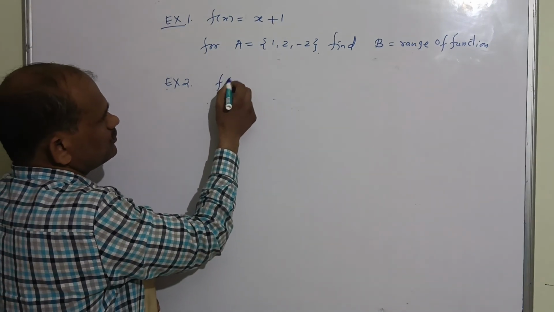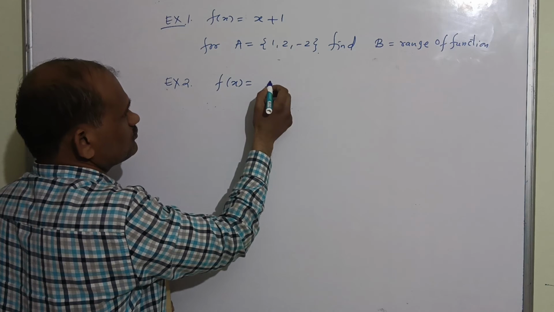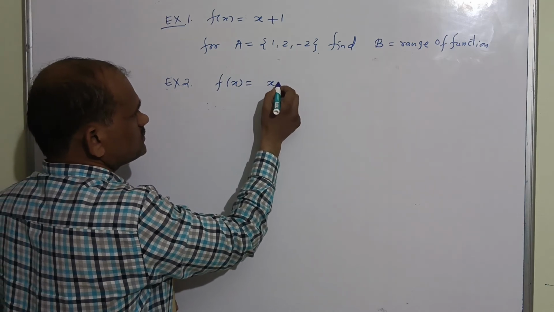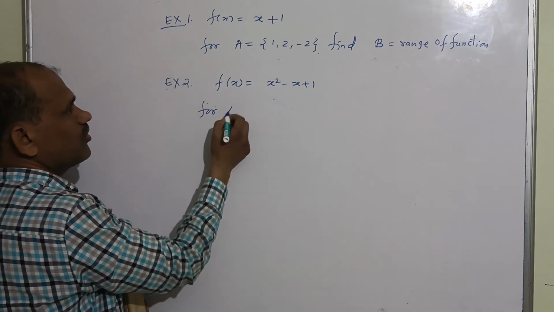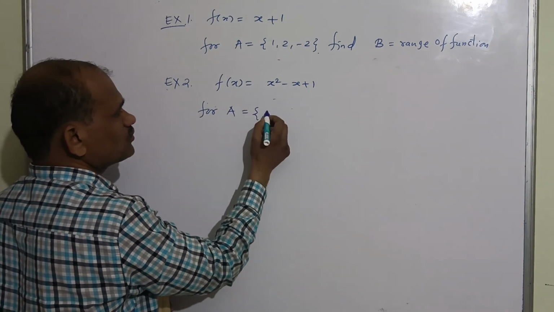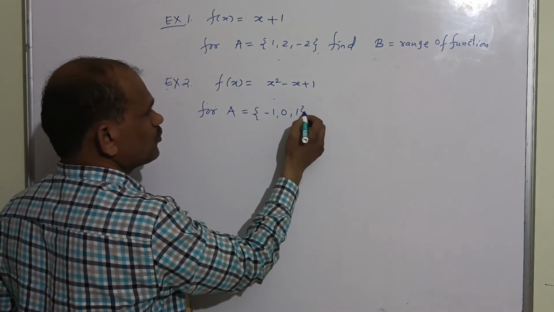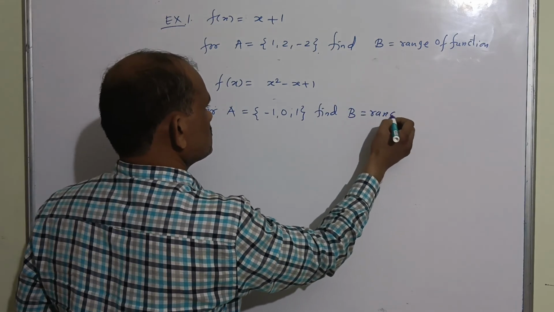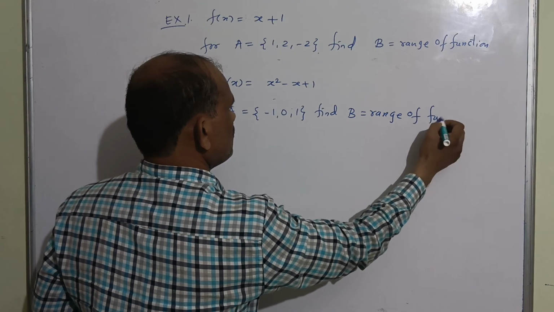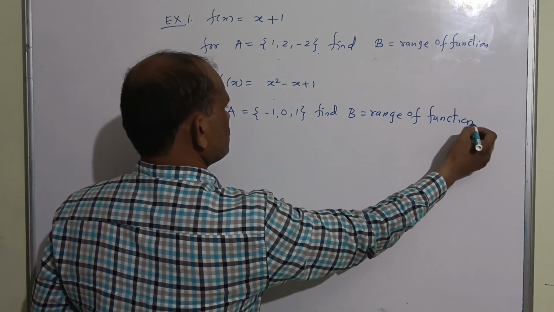Example 2: f of x is equal to x square minus x plus 1 for A is equal to minus 1, 0, 1, find B, that is the range of the function.